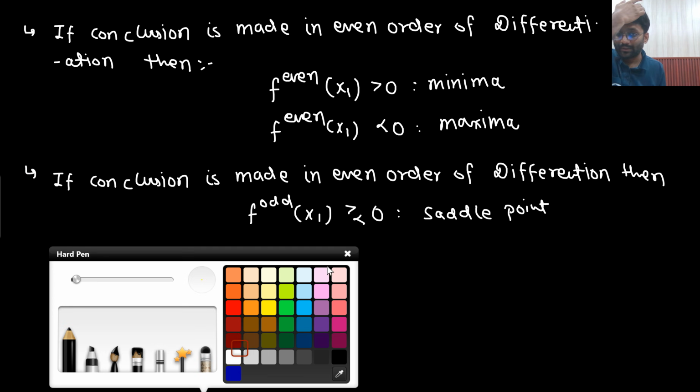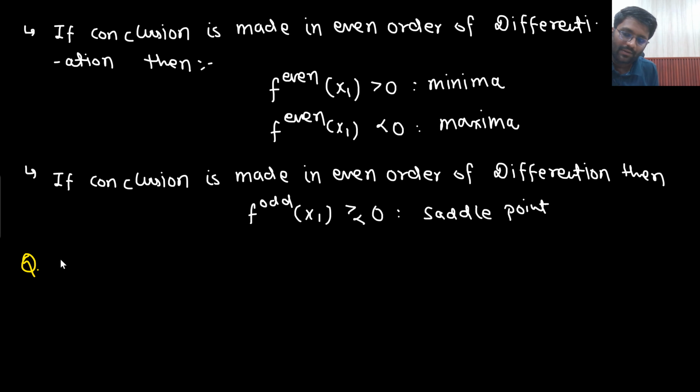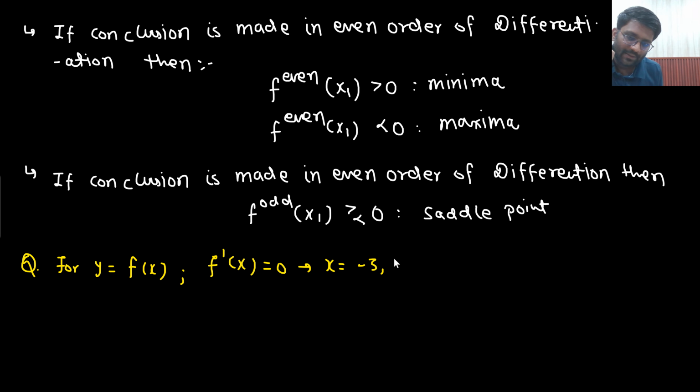I can write down a question. Okay. For y equals f(x), f dash x becomes 0 for x equals 2, for x equals minus 3, 4, 7, minus 2.